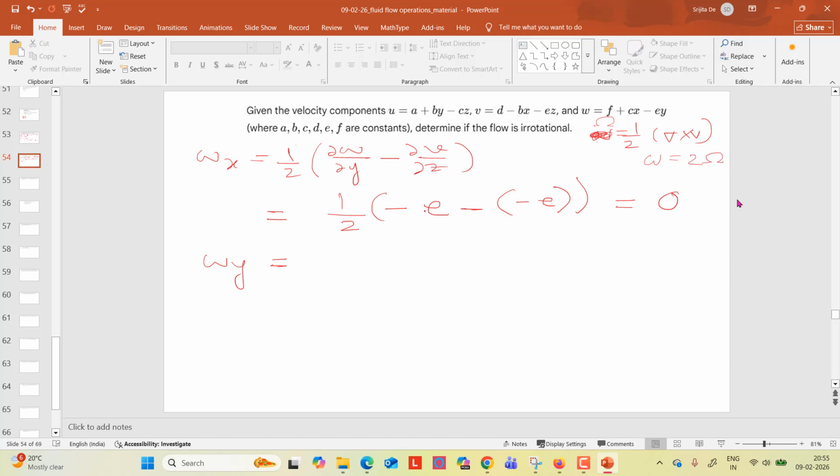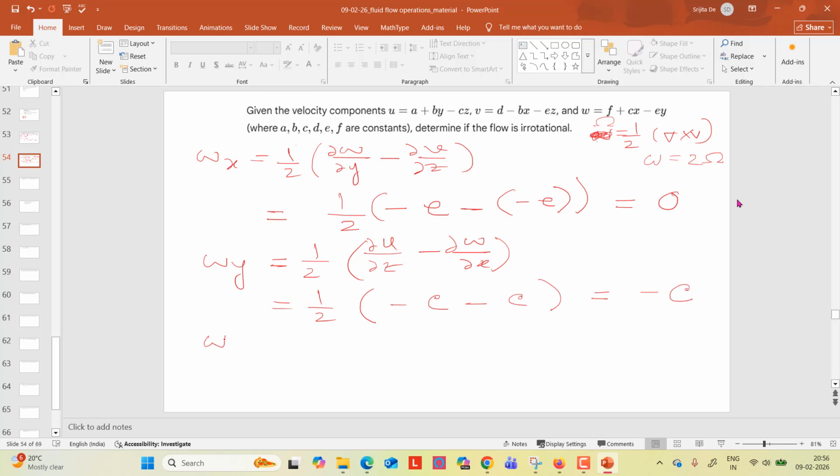So omega y equals half of del u del z minus del w del x. I had a confusion, that is why I checked it. Okay. So now half into del u del z means minus c and minus del w del x means c. So it is minus 2c by 2, that is minus c.